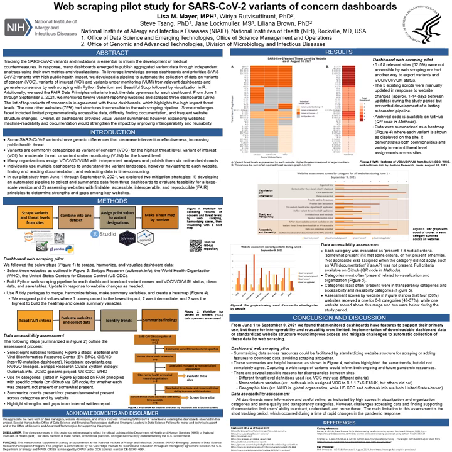For the web scraping pipeline, we follow the steps outlined in Figure 1, so right here, this first workflow, to collect dashboard data. So in our case, we were considering variant names and their status as a variant of concern, VOC, a variant of interest, VOI, or a variant under monitoring, a VUM.